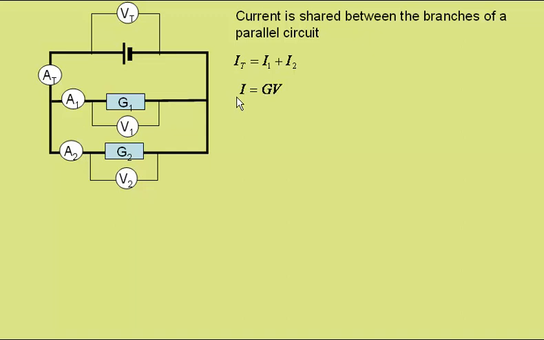But we know that current is equal to conductance multiplied by potential difference. So I can substitute in this term to give the total conductance multiplied by the total potential difference is equal to the conductance of conductor 1 multiplied by its potential difference plus the conductance of conductor 2 multiplied by its potential difference.